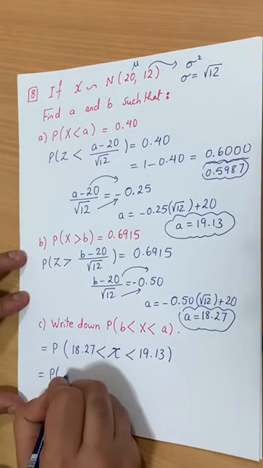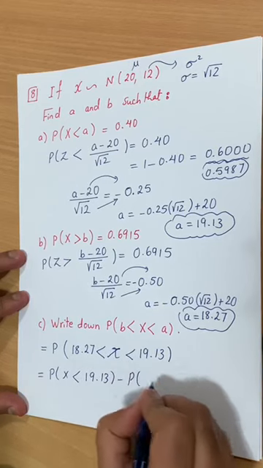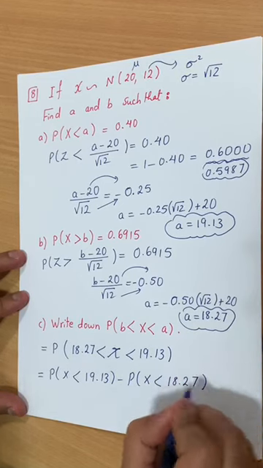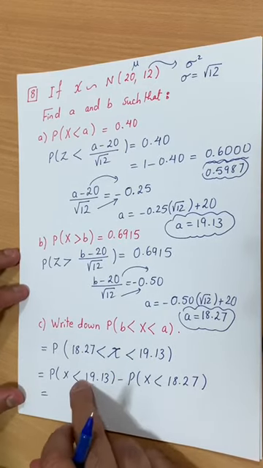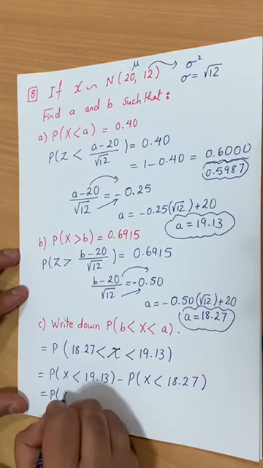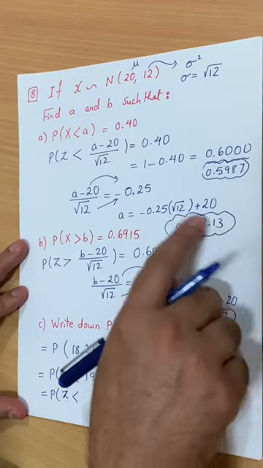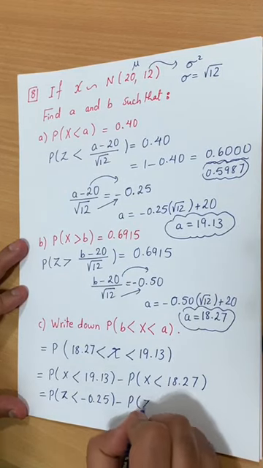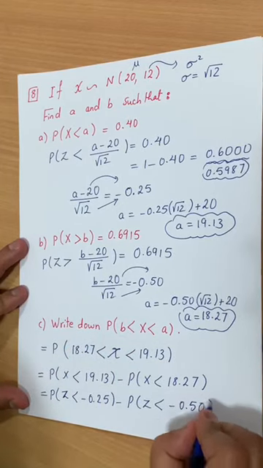So you do probability of X less than 19.13 minus probability of X less than 18.27. So you have to go back to the table value again because those values are not on the table. So you do probability of Z less than, for 19.13, the corresponding value of the Z is negative 0.25 minus Z less than, the corresponding value is negative 0.50.